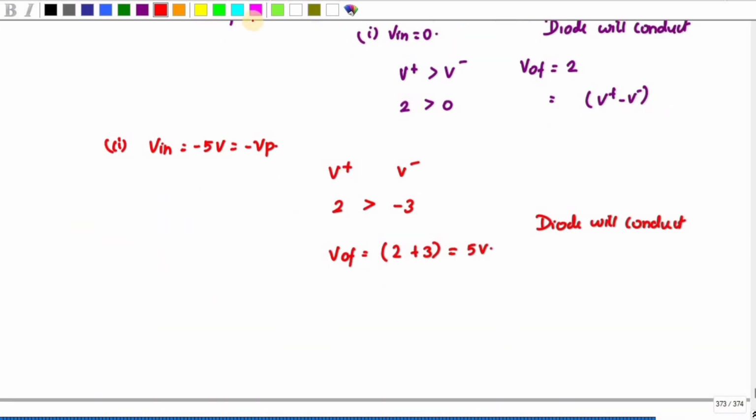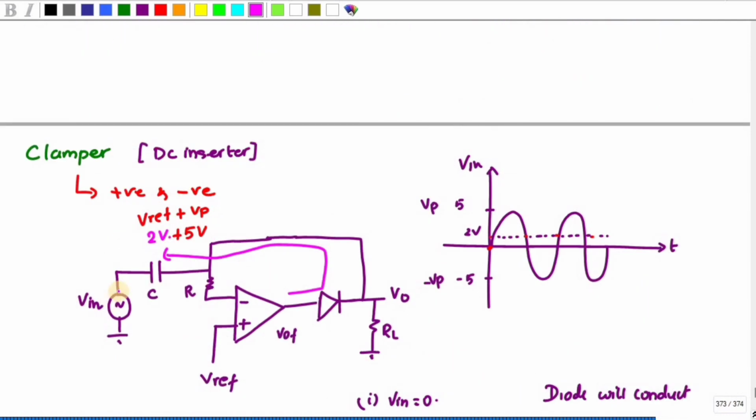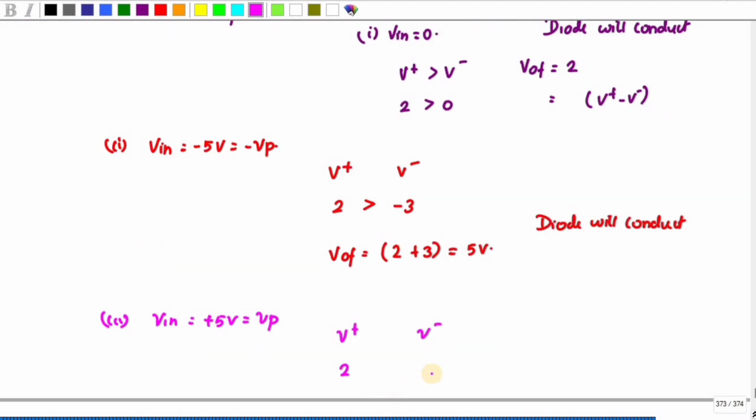What is the third condition? If V in is positive, it is Vp. V plus is 2, and what is V minus now? It is 5 plus 5 plus 2, which is nothing but 12 volts.